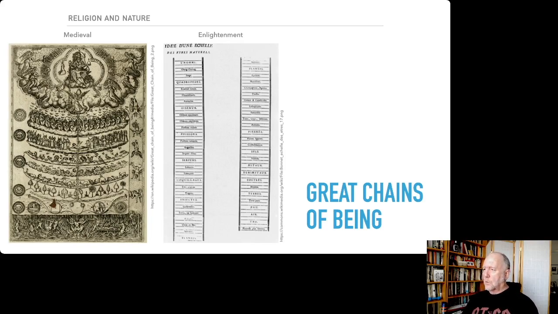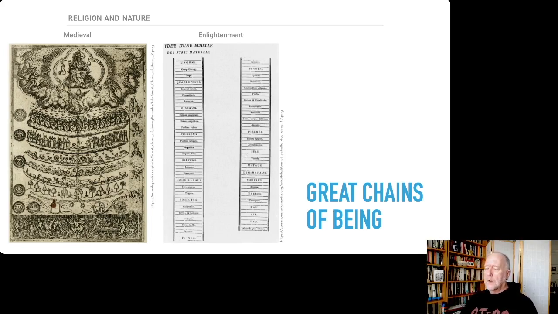It was the work of an entomologist, Charles Bonnet, and Bonnet argued that there was a linear scale of being, from the very bottom, which is basically inanimate material, all the way up to humans. And you'll notice that he's got fishes above insects and serpents and all this sort of stuff.